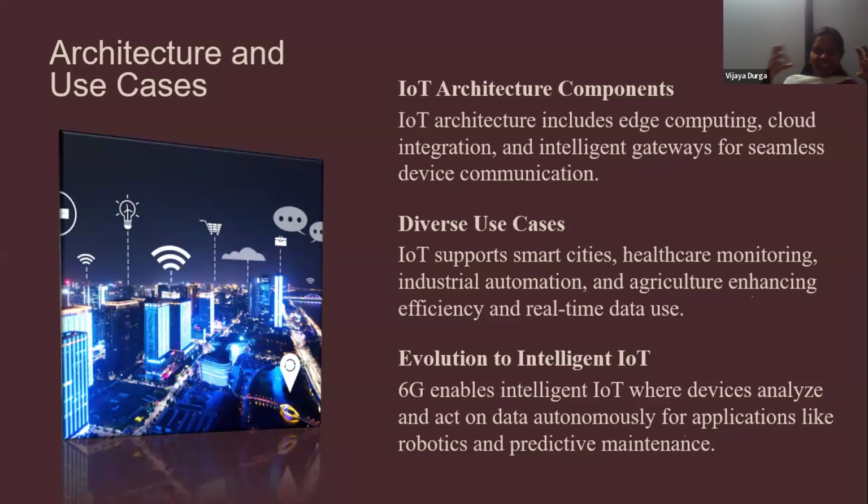Based on that data, we can take decisions and optimize. And then evolution to intelligent IoT: 6G enables intelligent IoT where devices analyze and act on data autonomously for applications like robotics and predictive maintenance. So this is about the architecture and use cases.